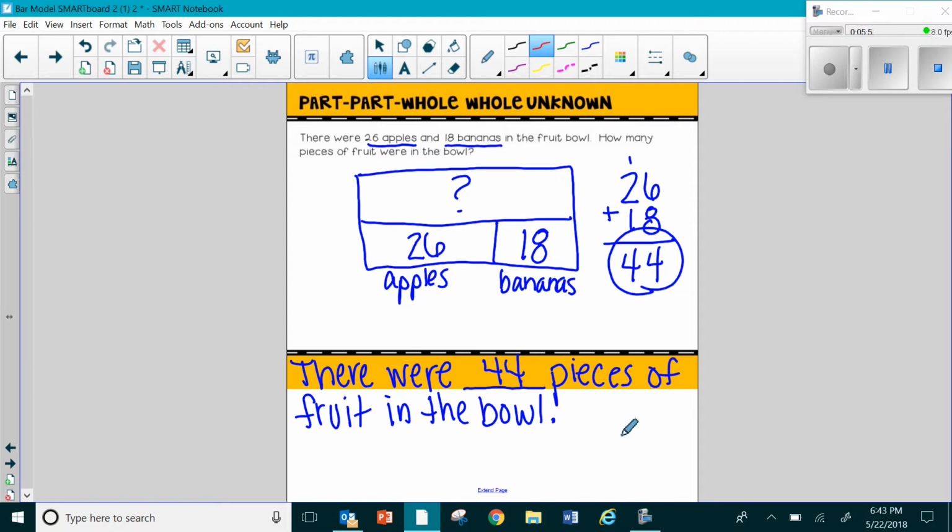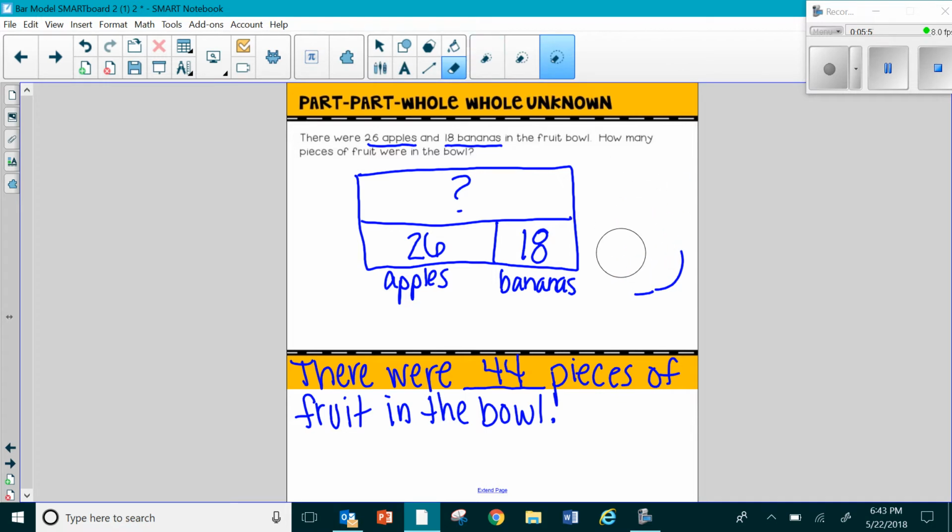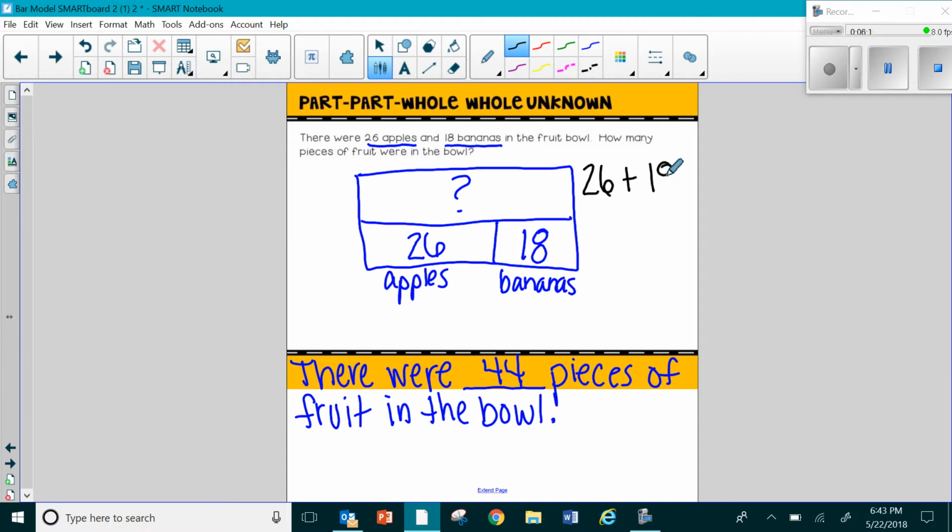Now, if my students were going to solve this with an open number line or decomposing, before we get into regrouping, we would write this as 26 plus 18. And I would probably decompose this as 20 and 6 and 10 and 8.